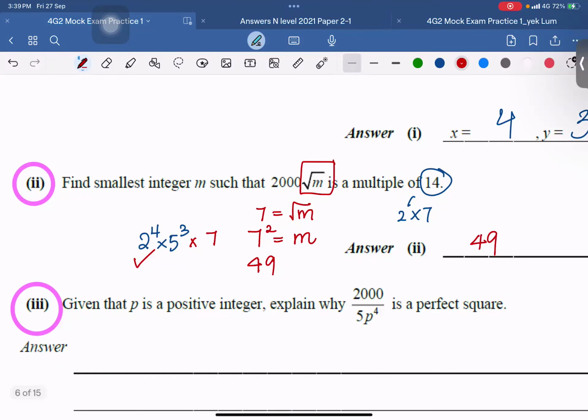If I want it to be a multiple of 14, meaning all the factors of 14 must be inside. So 7 must be inside. So that number I need to multiply should be 7. But it says square root m. So 7 is actually square root m. Then m will become 49. Okay, are you okay with part 2?